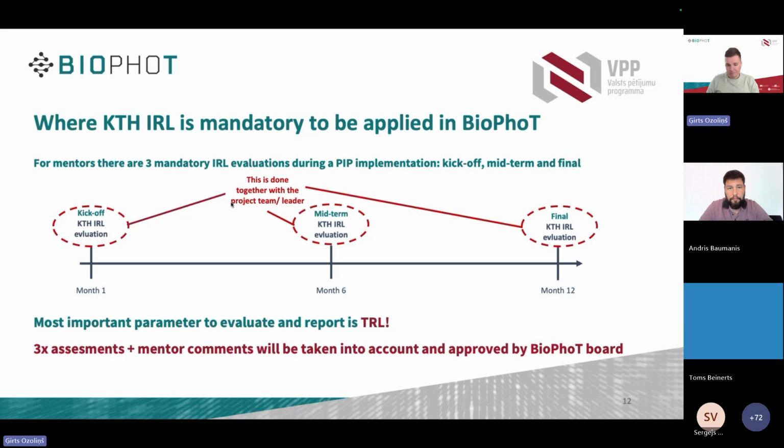What is good about the KTH methodology is that we don't evaluate whether you are better or worse compared to other technologies. This is not a methodology to use for that. It only defines what your readiness level is at a certain period of time, and that's it.